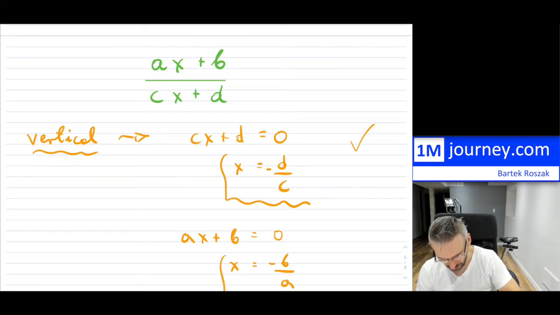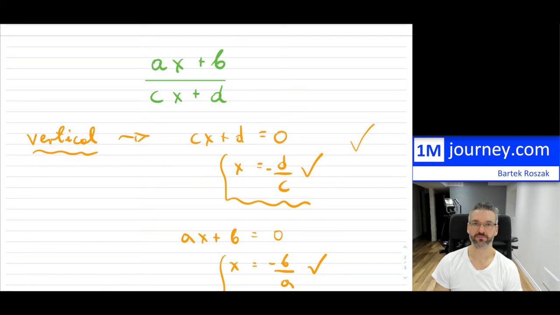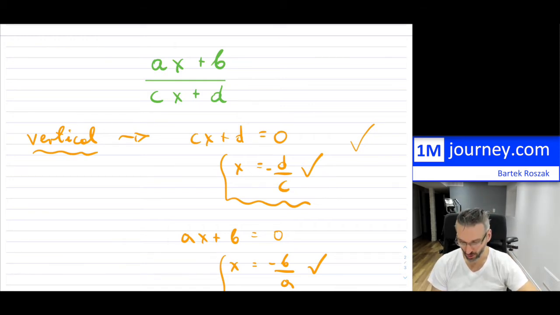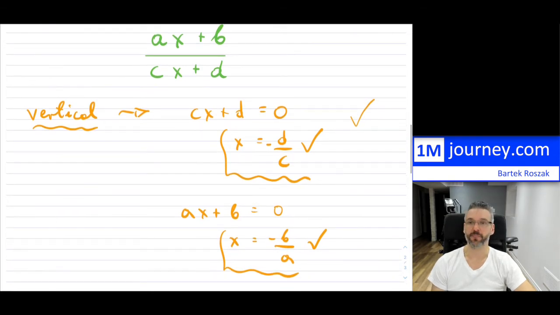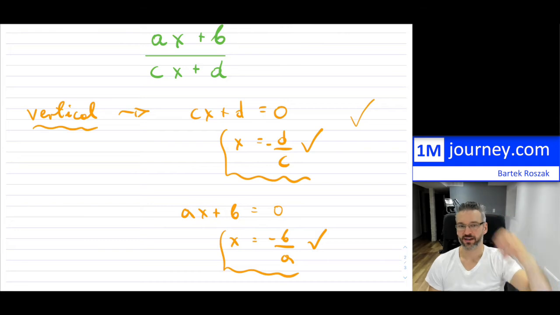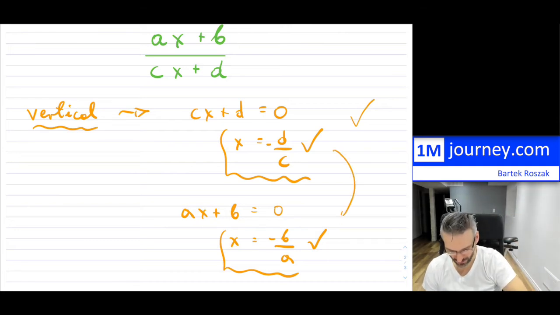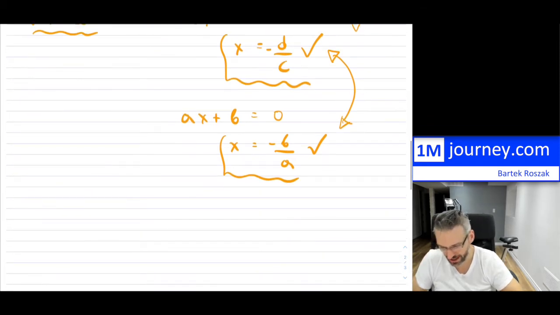If it turns out that these two are equal to each other, then as you'll remember from graphing rational functions, that results in a hole. And in this case, it's actually going to be a flat line. What do I mean by that? Let me show you an example.